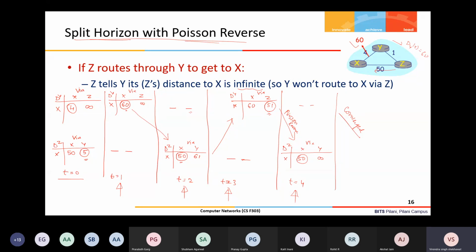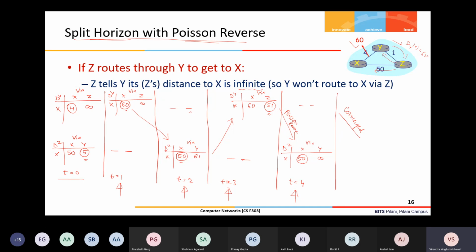It will start from, I think, 5, then 6, 7, 8, like that, and go up to 50, so maybe some 45 iterations. So this is the way it works. Now this solution is okay for a loop of 2 hops, like in this case, where the loop was between y and z.